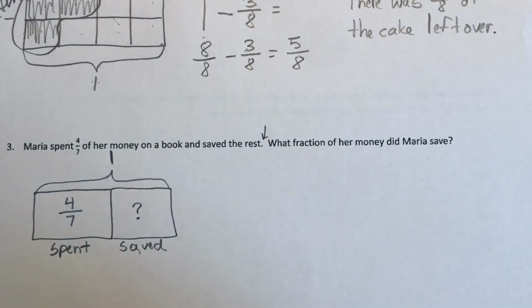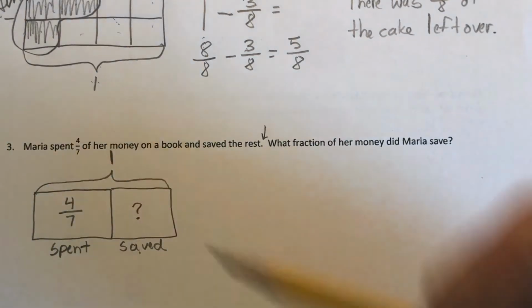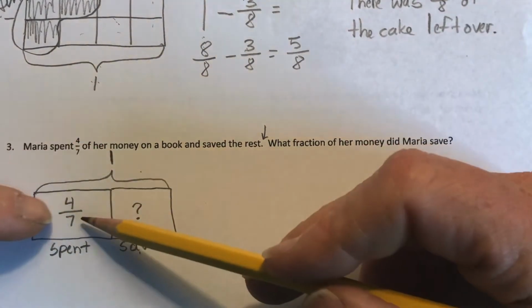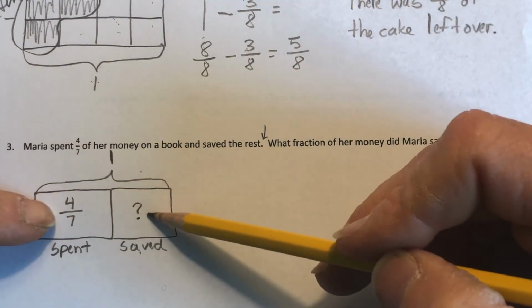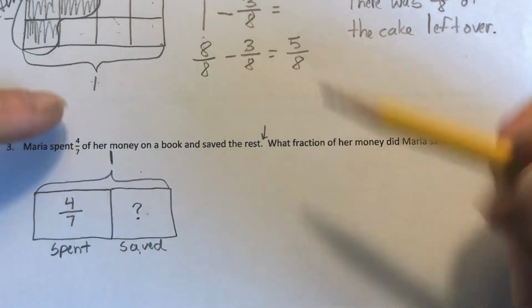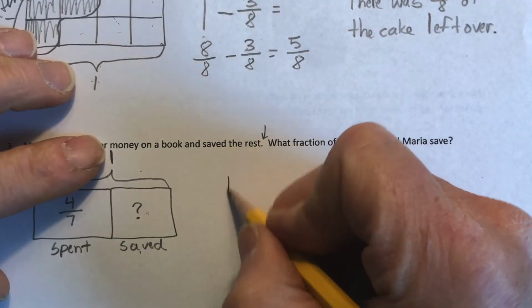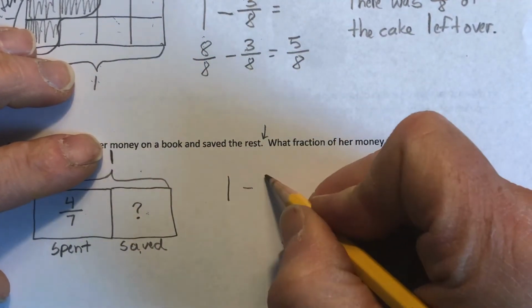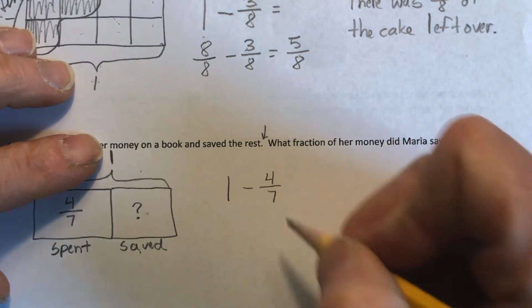So now what I need to figure out is, what am I doing here to figure out my problem? And is it addition or subtraction? So if I've got 1, what am I going to do with that 4/7 to figure out this? And the answer here is subtraction. So I need to take my 1 and I need to subtract the money she spent, which is 4/7 of her money.